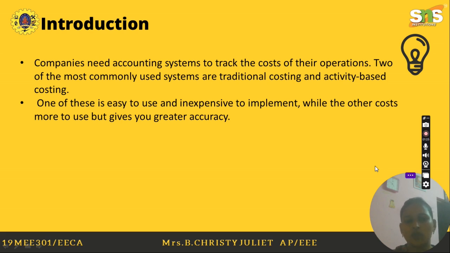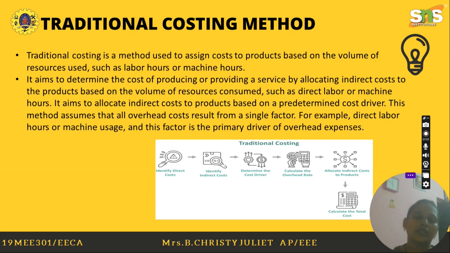The most commonly used systems are traditional costing and activity based costing. One of these is easy to implement and inexpensive, while the other costing approach is a bit costlier to use but gives you greater accuracy. So let's discuss each method in detail.